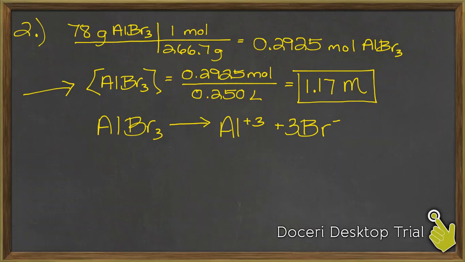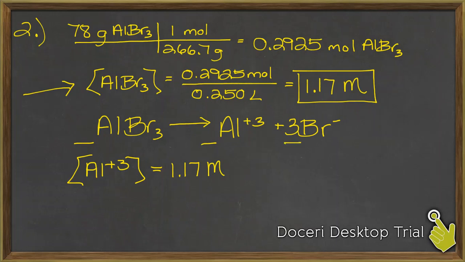And look at the ratios here. The ratio between aluminum bromide and aluminum is a 1-to-1 ratio. So guess what? The aluminum ion has the exact same molarity as the entire compound. However, look at the ratio between aluminum bromide on the left and the bromide ion.